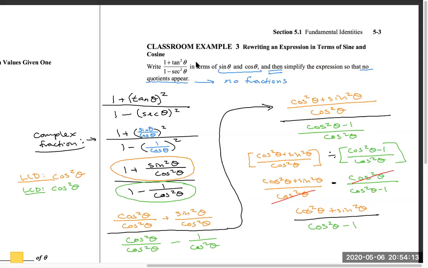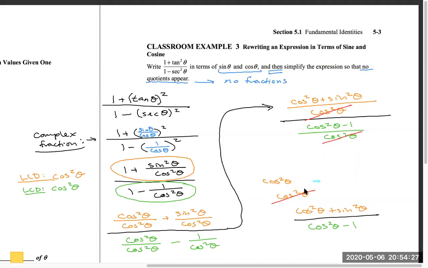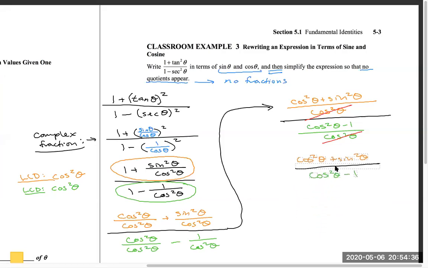Give me my draw function. Okay, so cosine squared theta cancels with cosine squared theta for this reason. So then this step turns into this step.